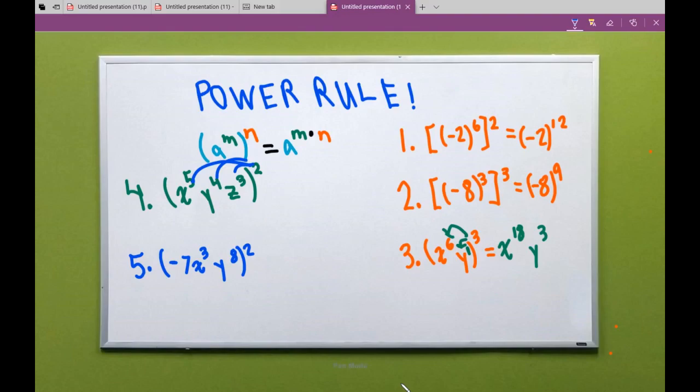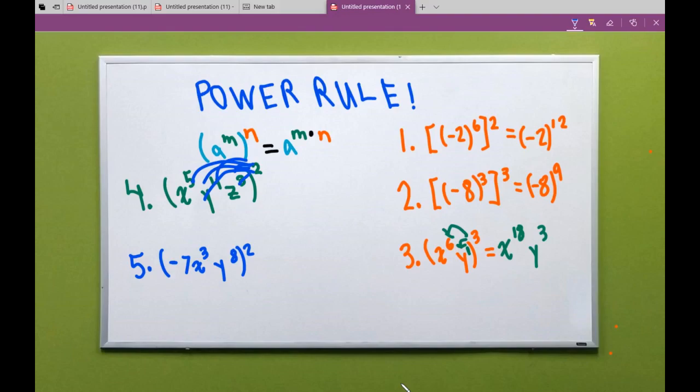So notice we have a negative number out front. That's going to be important. So just like we had to make sure in our last example that our 2 got to every single term, the same thing goes here, but for our number as well.